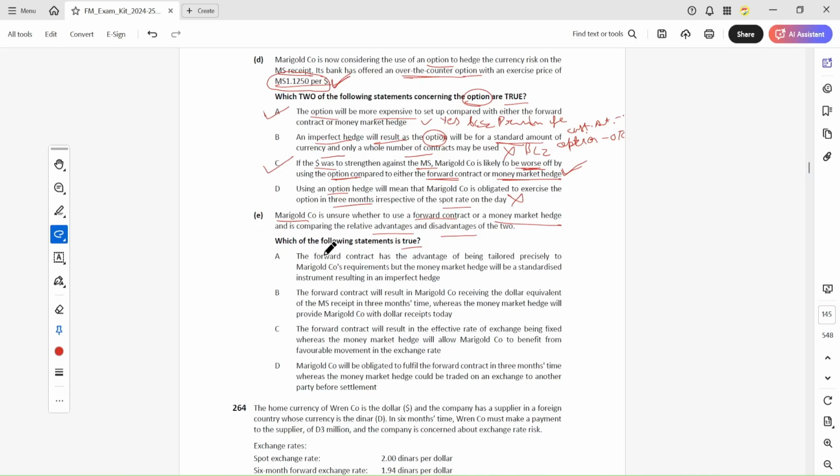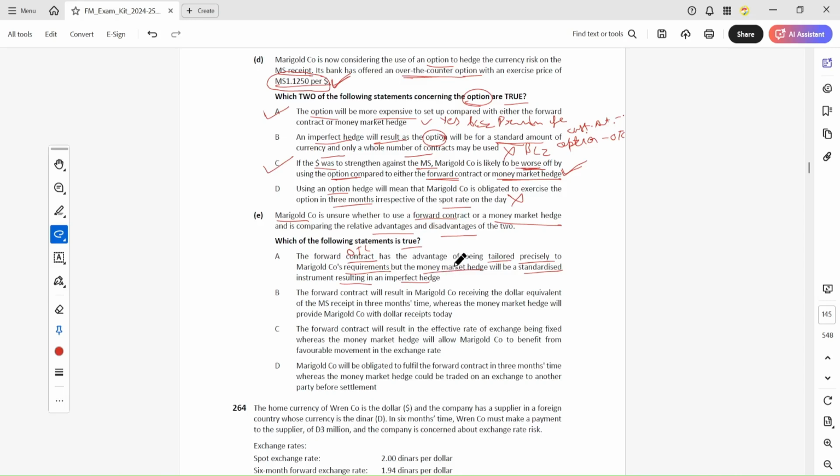The forward contract has the advantage of being tailored precisely to the Marigold requirement. Yes, forward contract is OTC, but money market is a standardized contract, which is an imperfect hedge.